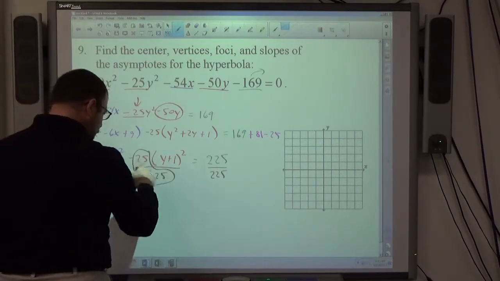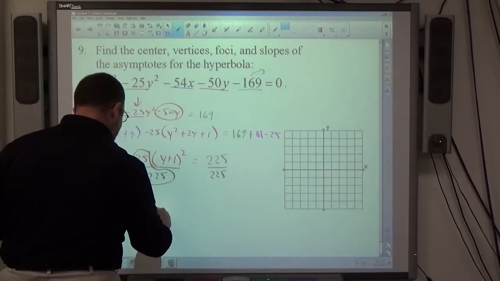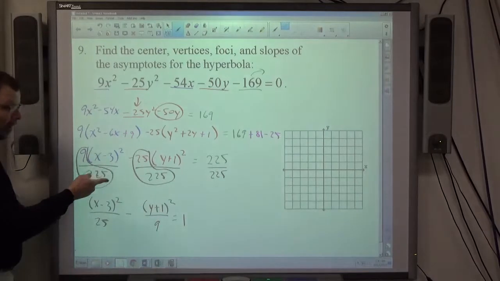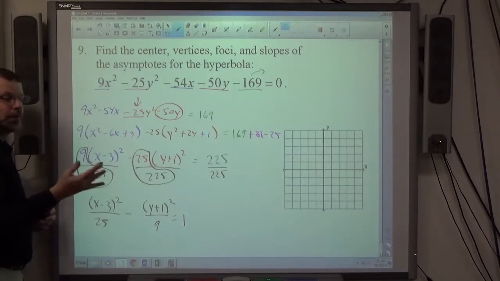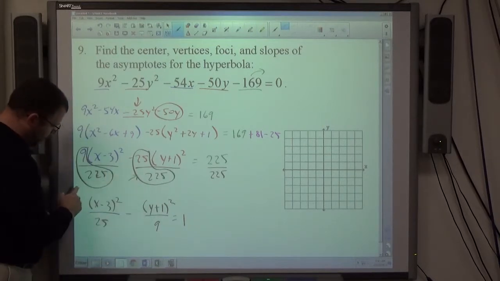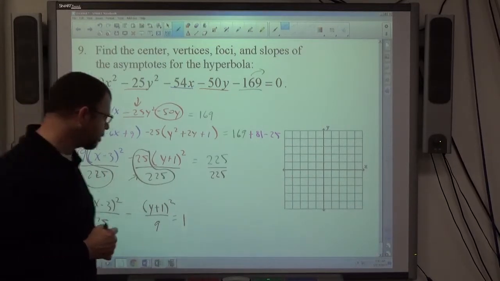And 225 divided by 25 happens to equal 9. Again, if it didn't come out nice and pretty, 225 25ths, leave it as a fraction, reduce to lowest terms. You just take whatever that fraction is and flip it.